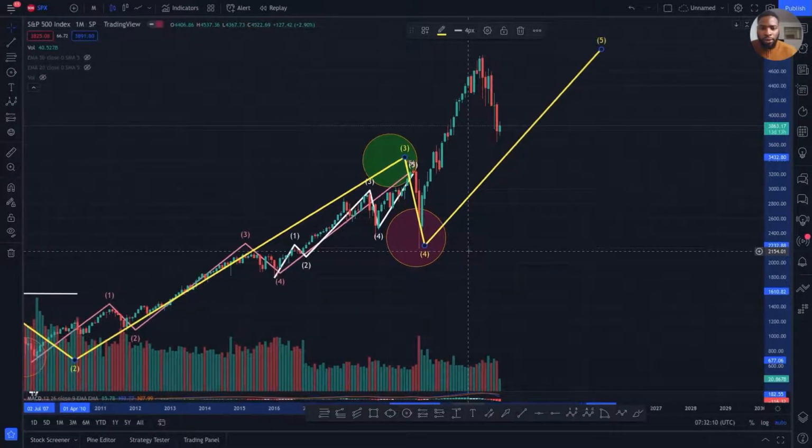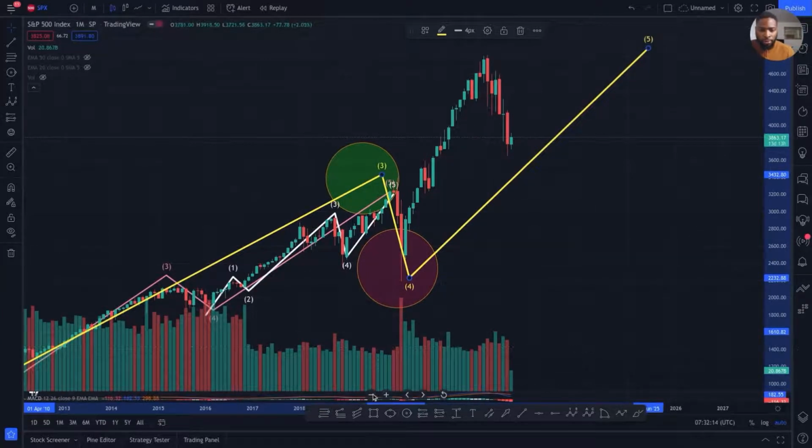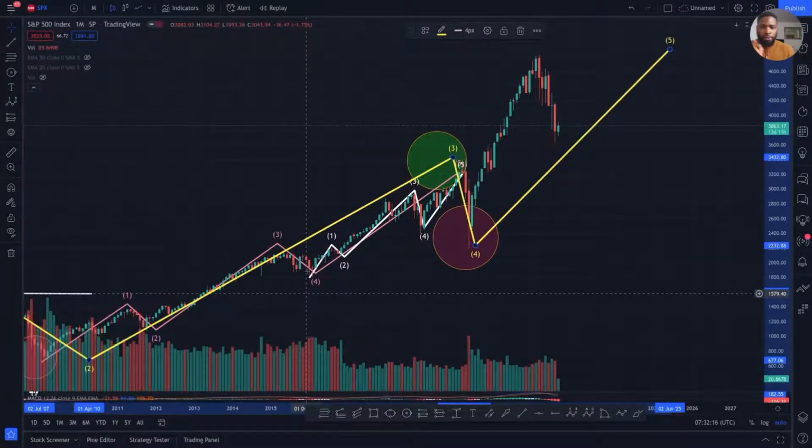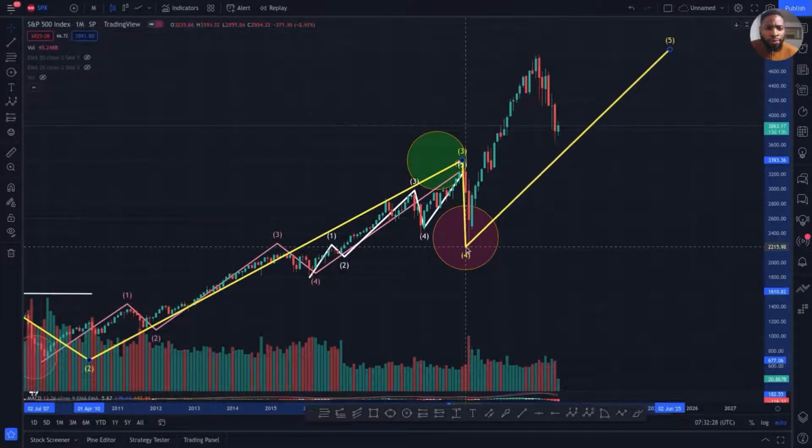As you can see, this is 1, 2, 3, 4, 5. And that marked the end of the third wave. So right now we are currently on the fifth major wave.